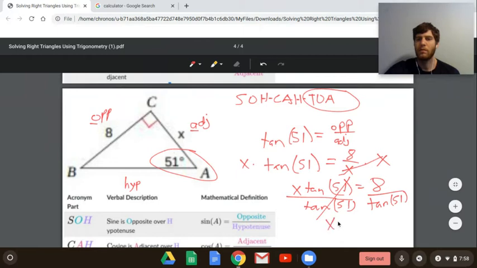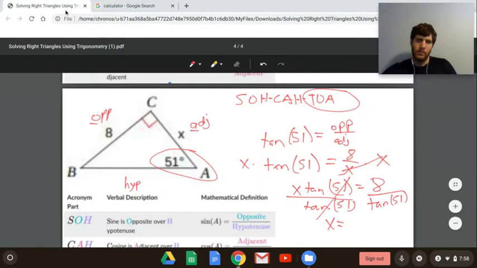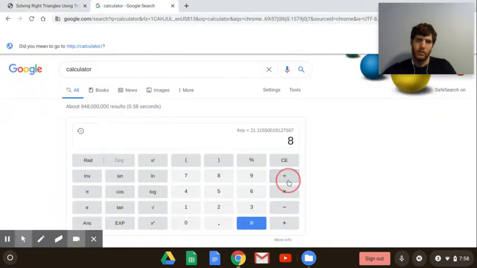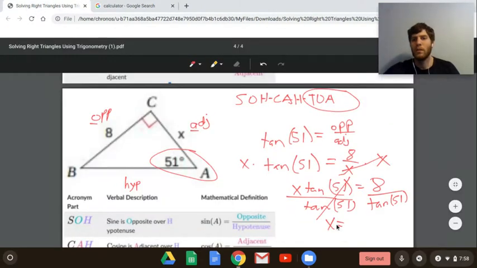And we're left with x equals, and we got to go over to the calculator. We can make sure it's in degrees. What was it? 8 divided by tangent 51. 8 divided by tangent 51 equals 8.56. So again, approximately 8.56.